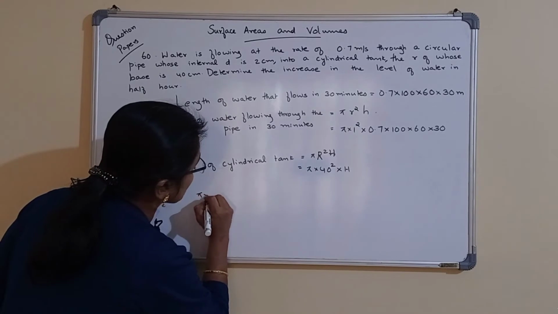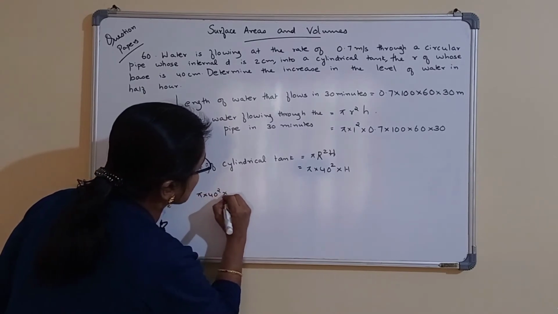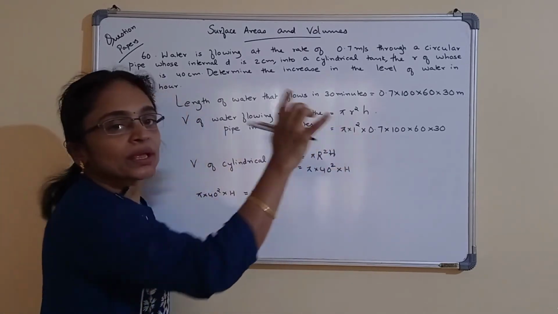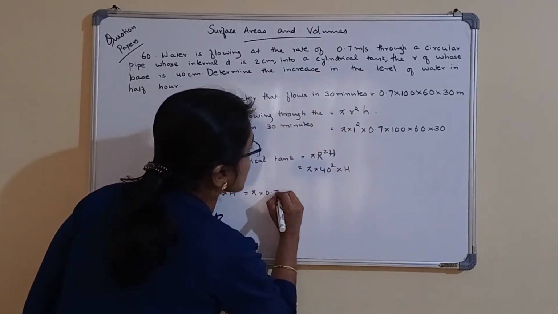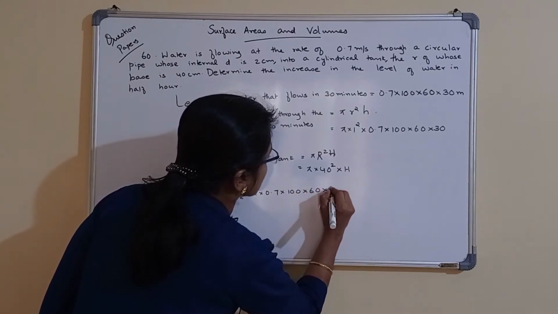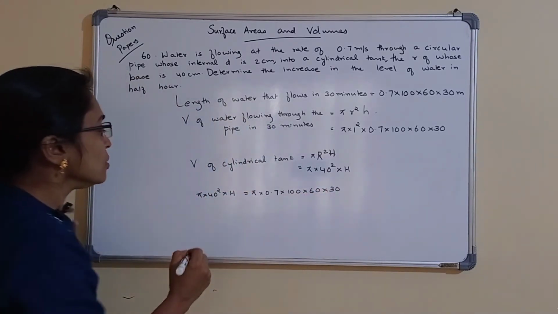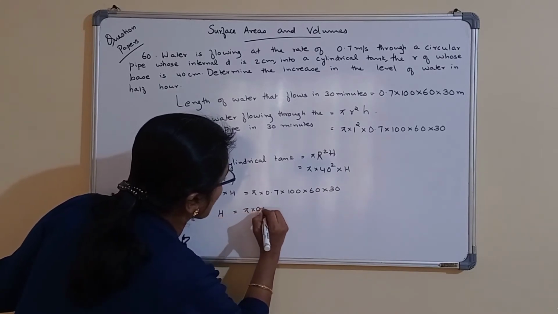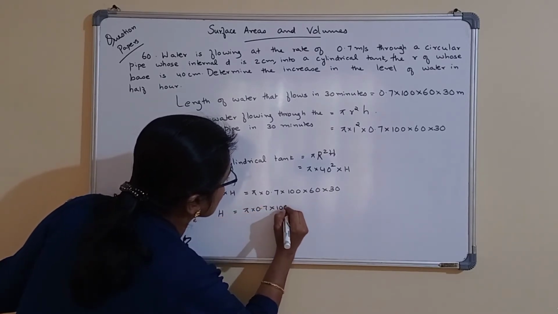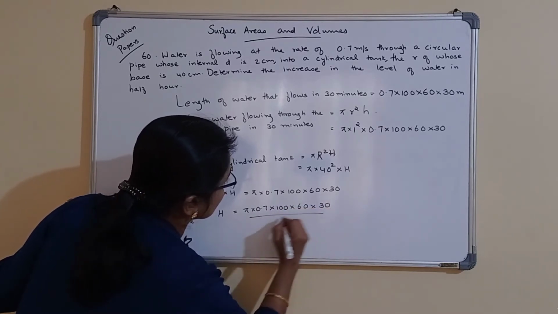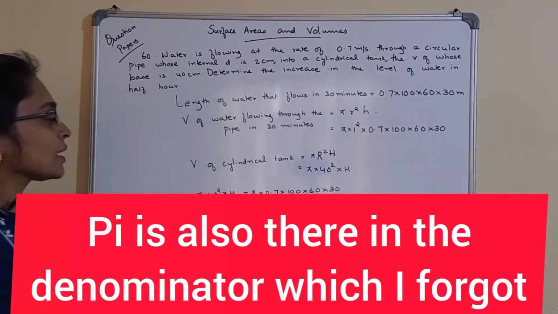So pi into 40 square into capital H is equal to pi into 1 square is 1, into 0.7 into 100 into 60 into 30. So H is equal to 0.7 into 100 into 60 into 30 by 40 into 40.